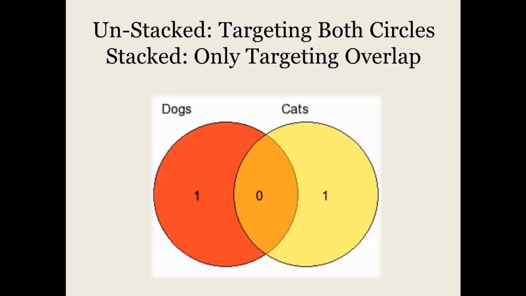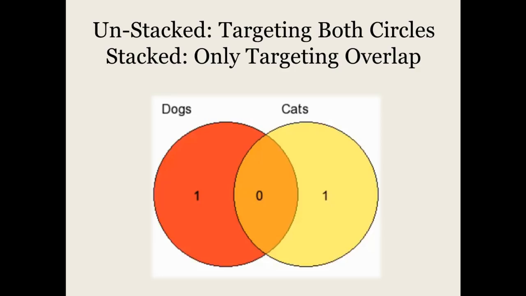As we can see here on the chart, there would be targeting both circles, stacked, only targeting overlap. On the left side, there is one group of people who love dogs. There is also one group of people who love cats. But there are no people who love dogs and cats. So that is the catch.